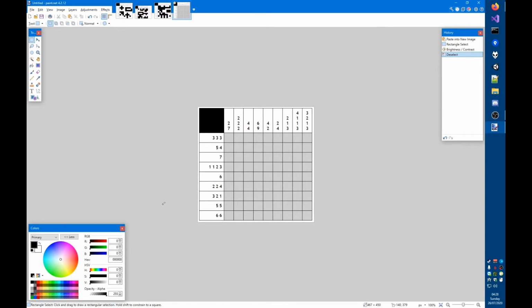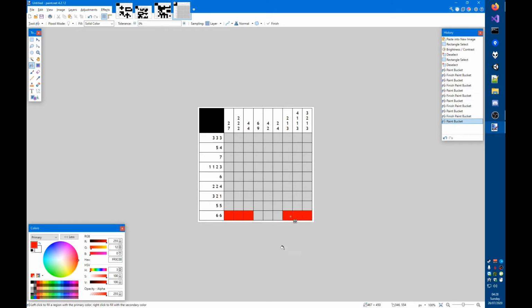Now, since this is a 9 by 9 grid, then obviously you can't fit 12 pixels in there, but they need not all be red, right? So what I could do is fill these with red, and that would form a 6 group, and then I could fill these with red, and that would form a 6 group. But there are ways to move this around.